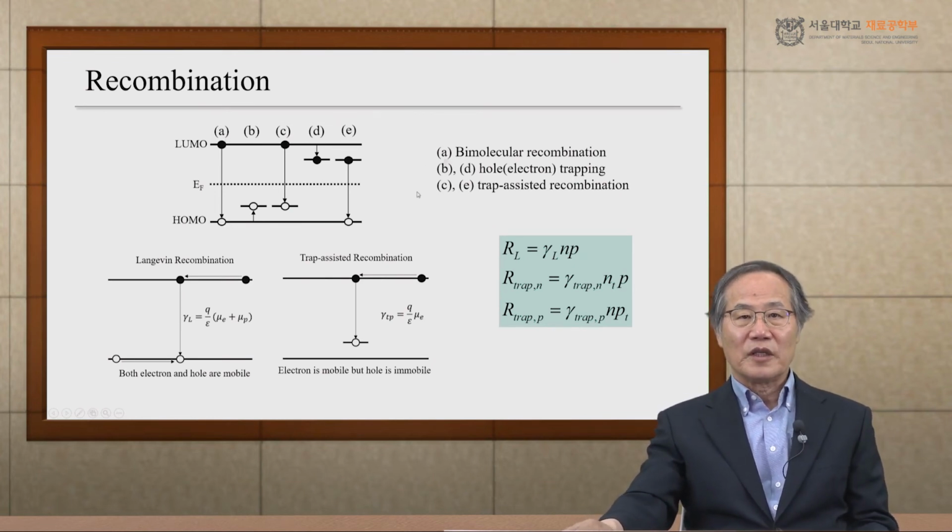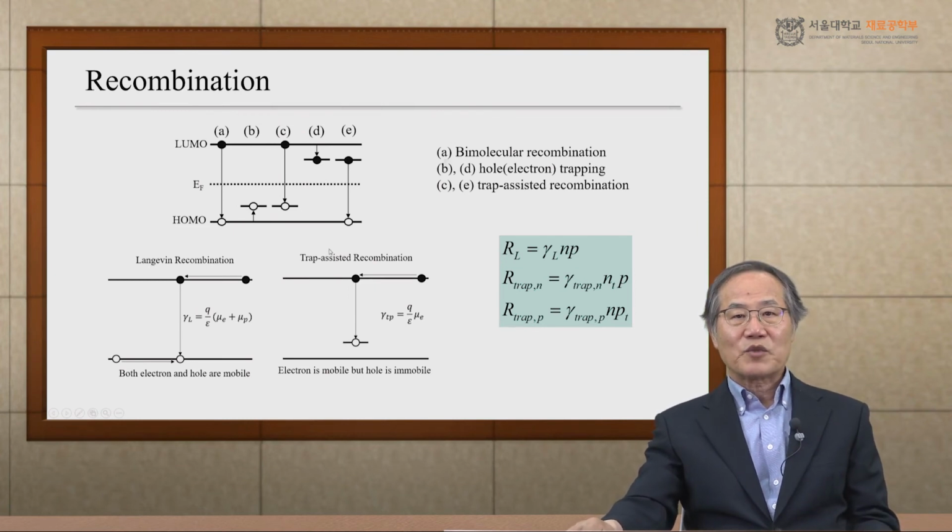In this case, we call it Langevin recombination. Or, with trapped charge, in some cases, trap-assisted recombination. First of all, holes or electrons are trapped in the trap state, and then recombine with a free electron or free hole. That's what we call trap charge limitations.